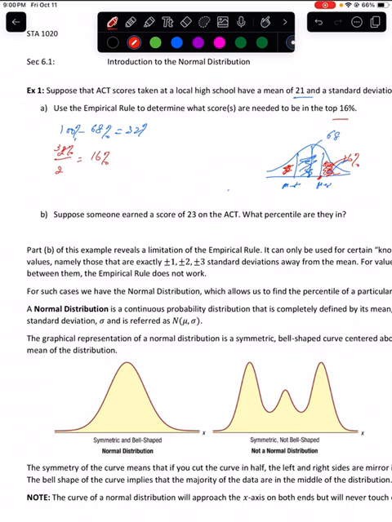So what is the number? Well, we get this 16% when the value here is equal to mu plus sigma. So mu is 21 and sigma is 1.5, which means the value will be 22.5.